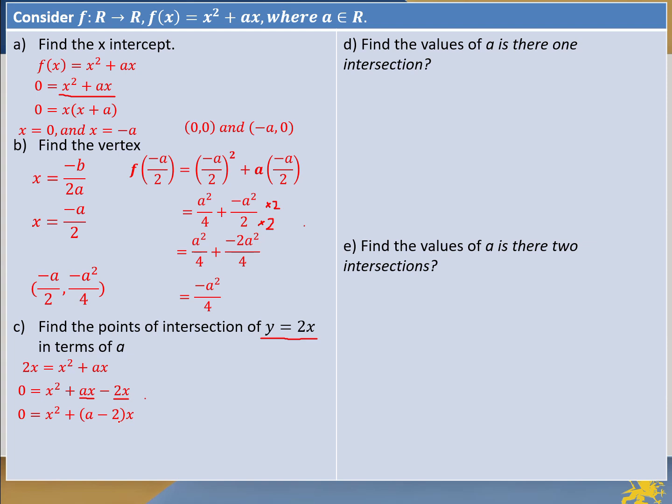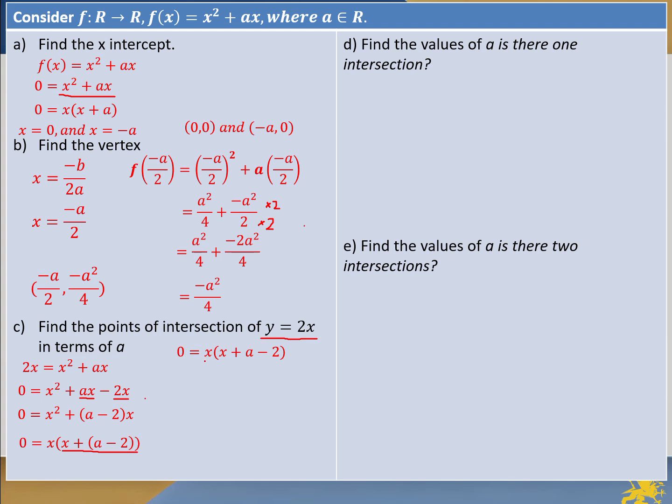Okay, so now from this, I can see that both my terms have x. So I'm going to factor x out, and I've got x over here, and I'm just going to simplify what's left in my bracket. That will be x plus a minus 2. So if one of those is equal to 0, the whole thing's 0.